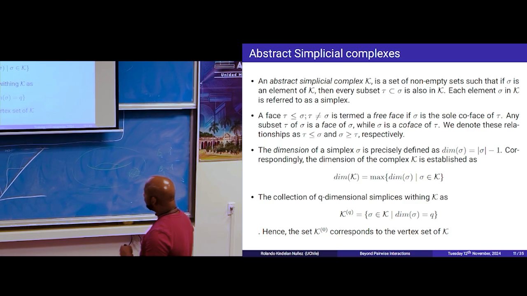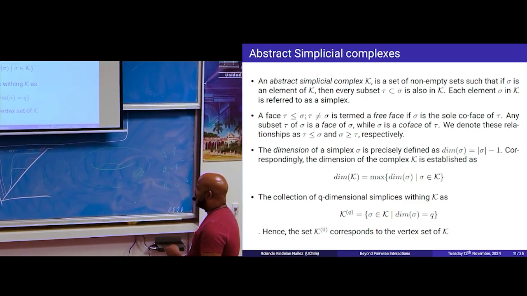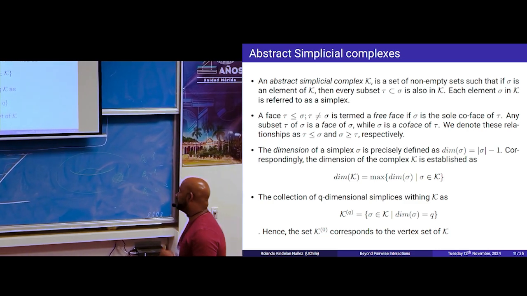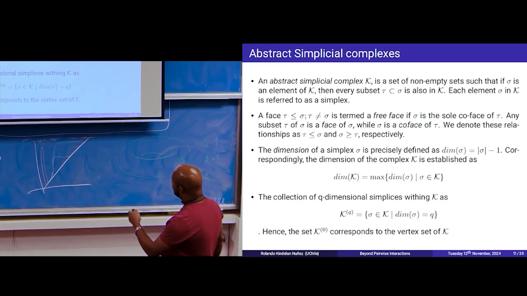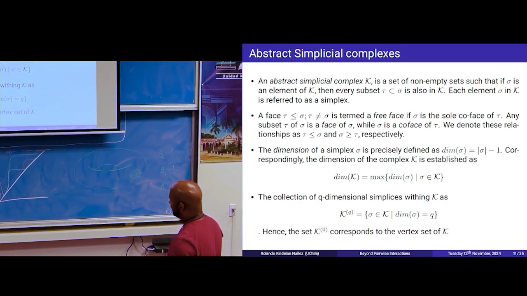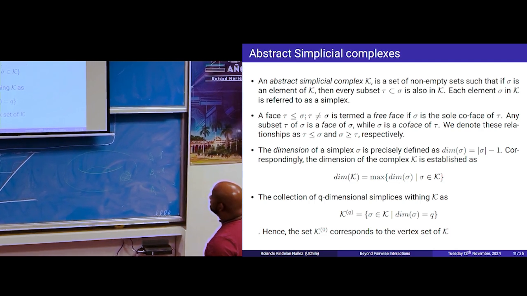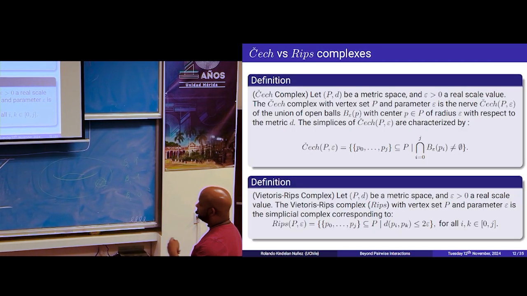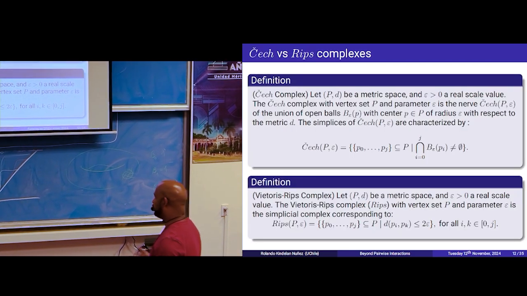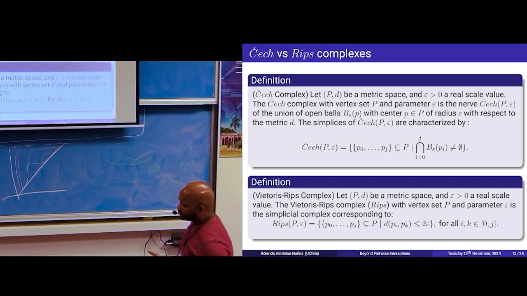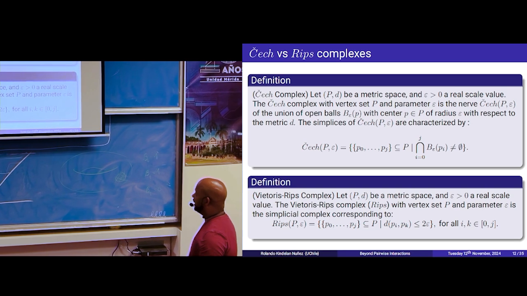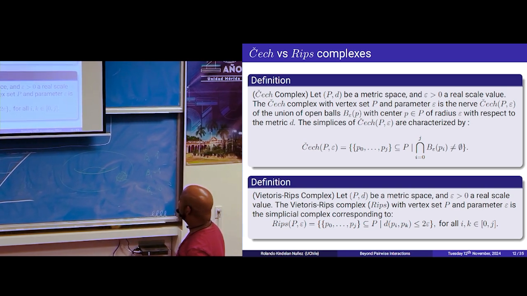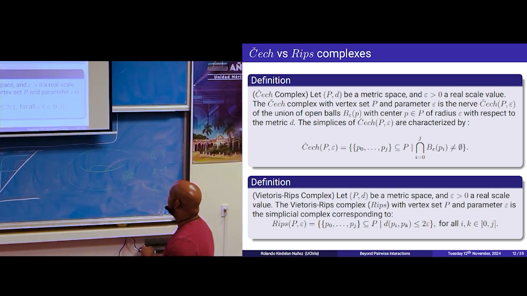So we also define a collection of q-dimensional simplices, written in this way. So let's continue and define the Čech and Rips complexes. We are in this school, we have seen these definitions a lot of times, so I cannot detain too much here.